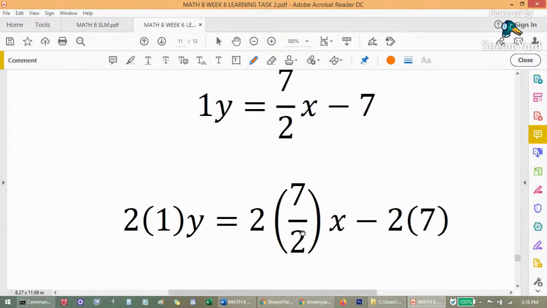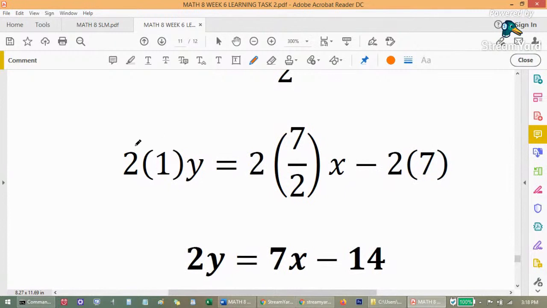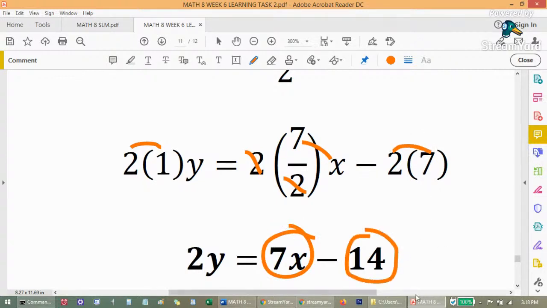So it becomes 2 times 1 is 2. The 2 cancels with the 2, so it becomes 7 times x is 7x. And 2 times 7 is 14.